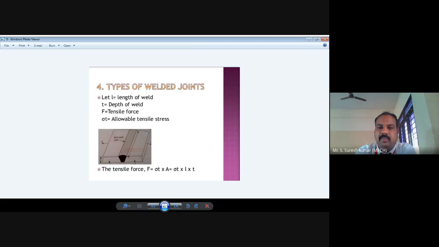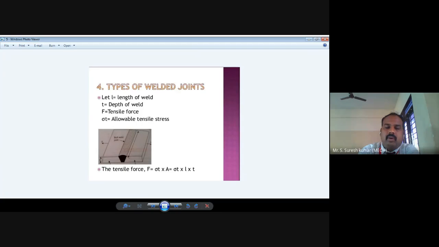Then the edge of each plate is welded to the surface of the other, as shown in the figure. Such a weld is also called a fillet weld. A fillet weld consists of an approximately triangular cross section joining two surfaces at right angles to each other. Sometimes it may also be reinforced to increase the load capacity of the weld per unit length, as shown in the figure. The next joint is the T joint, the tee joint.